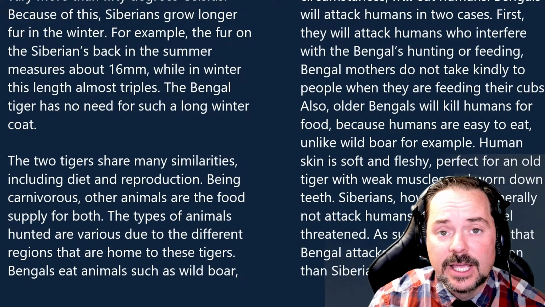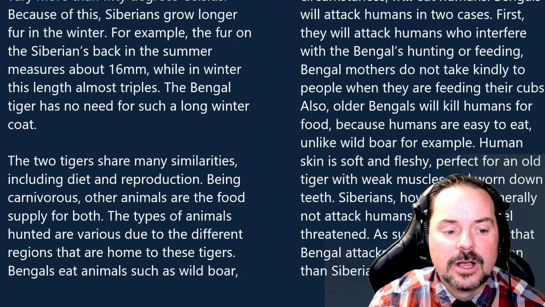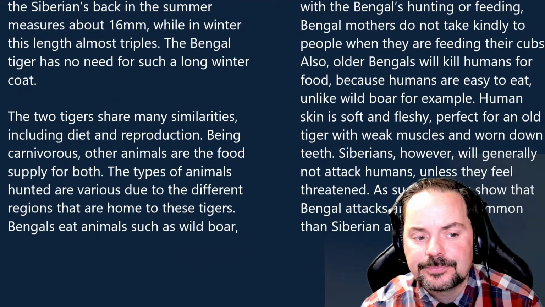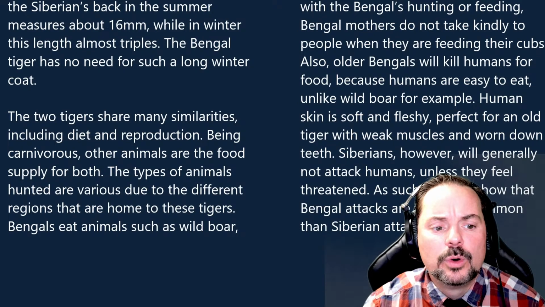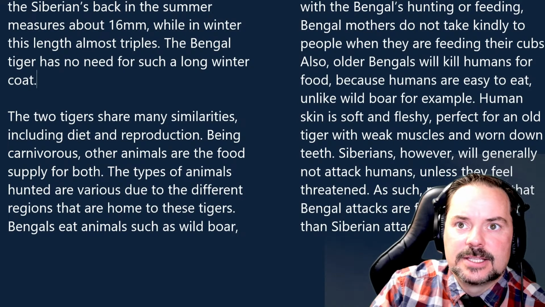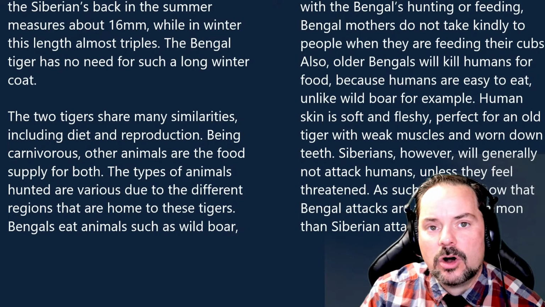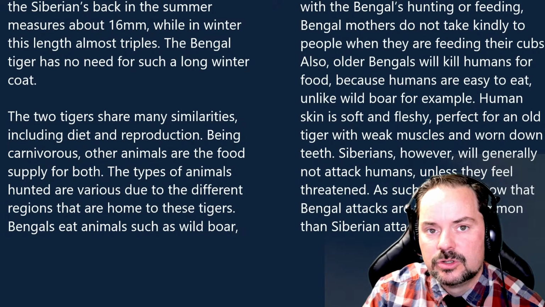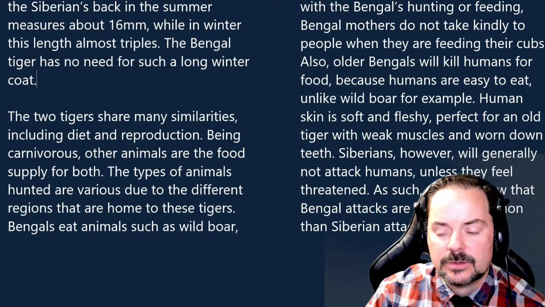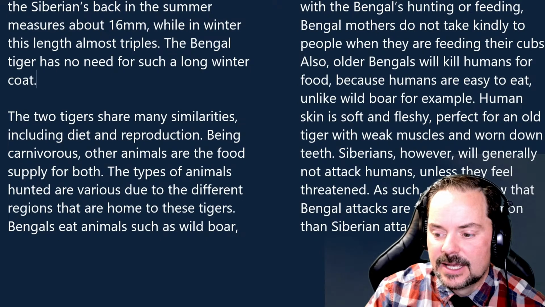Okay, but you're right. The Siberian tiger grows a winter coat, right? Because the winters are really cold, the summers are hot. What do we call that in biology when an animal changes its biology or its behavior to suit its surroundings or its climate? What is that? Anahita has the right idea.